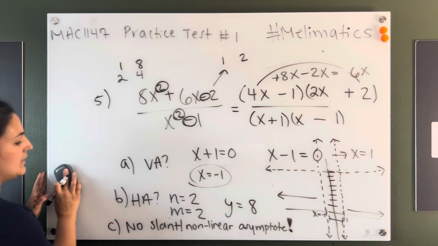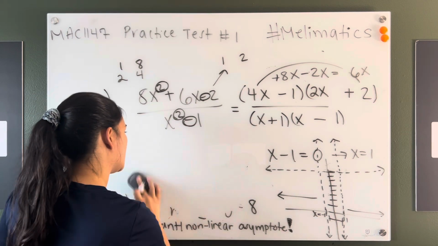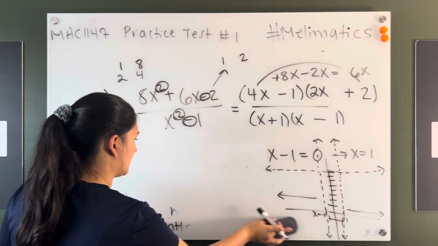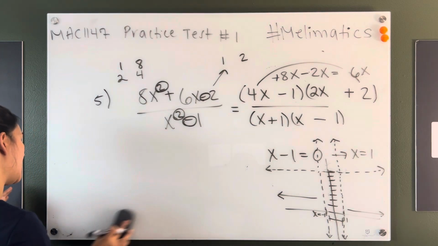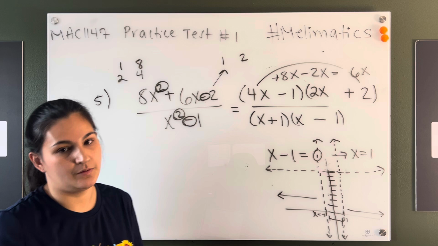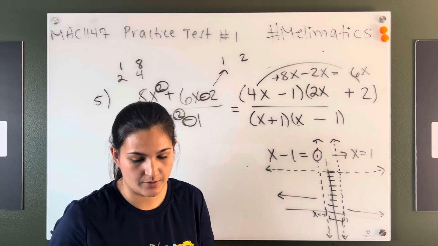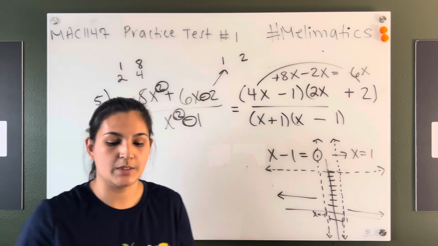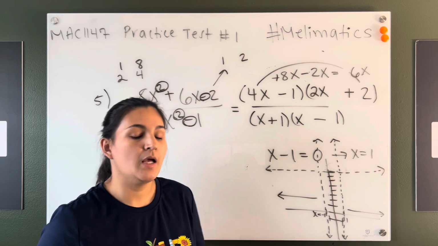Okay. Now part D is a bonus question. It says, does this function cross the slant asymptote or nonlinear asymptote? Well, no, because there is no nonlinear or slant asymptote, but this would be a great question if there was one. How would you do it?